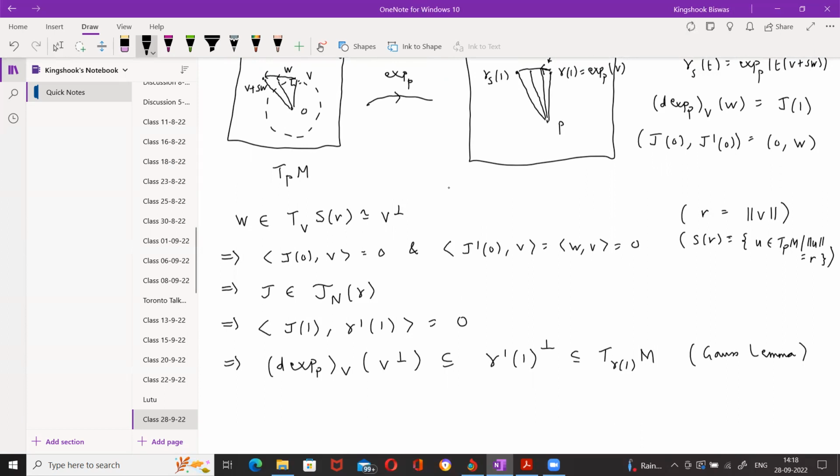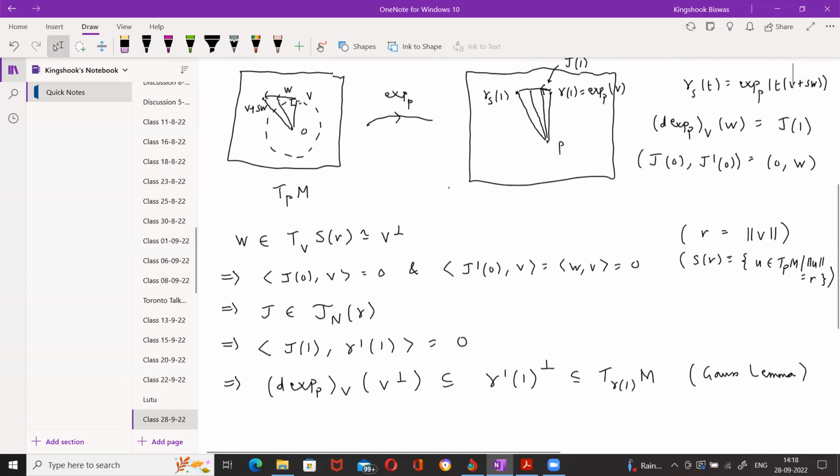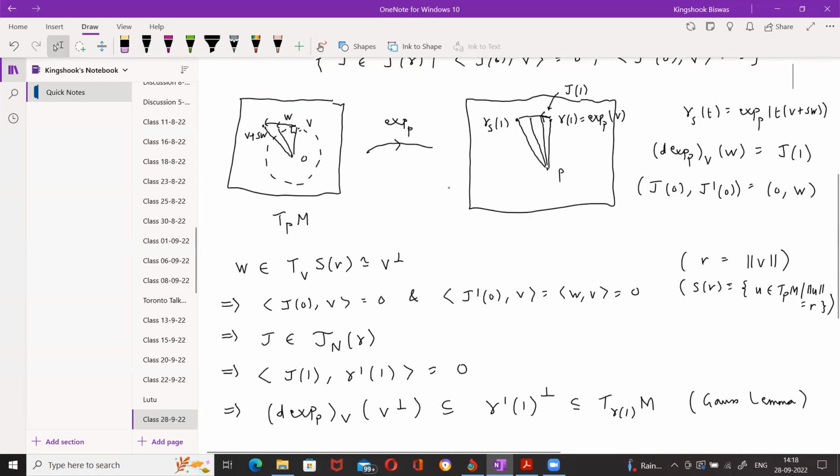So using this Gauss lemma, one can prove that geodesics starting from P for short time, or restricted to a geodesic ball where the exponential map is a diffeomorphism, are length minimizing curves from P to gamma(1), right?